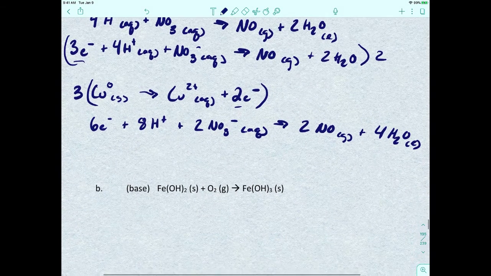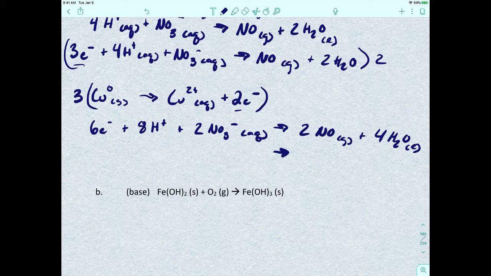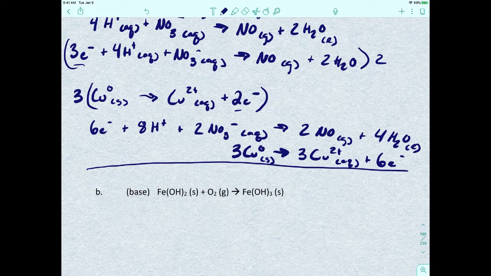Then let's do the same thing for the copper half reaction: 3 Cu solid yields 3 Cu 2 plus aqueous, plus 6 electrons. Notice on the left-hand side you have 6 electrons, and on the right-hand side you have 6 electrons. You need the electrons to be equal on both sides so that they cancel out.